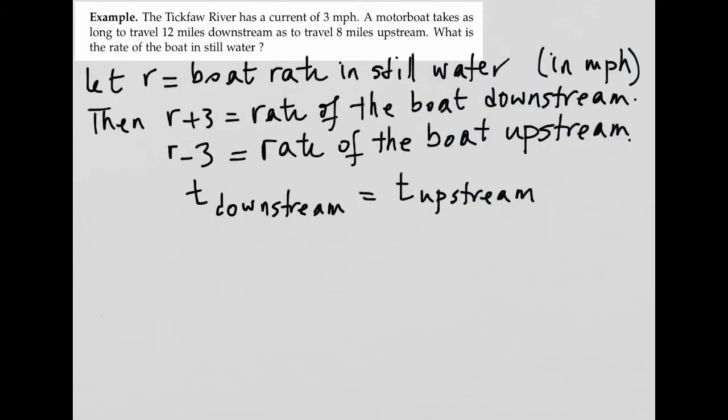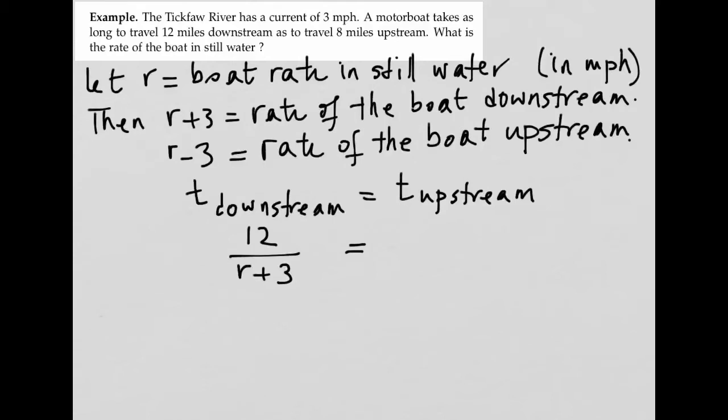So I'm going to capitalize on that to create an equation for my problem. Remember, T downstream is the time it takes the boat to travel 12 miles downstream. In this case, the distance is 12 and the rate is R plus 3, equals T upstream, which is the time it takes the boat to travel 8 miles upstream.